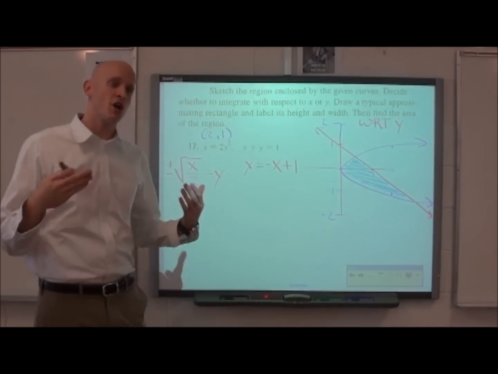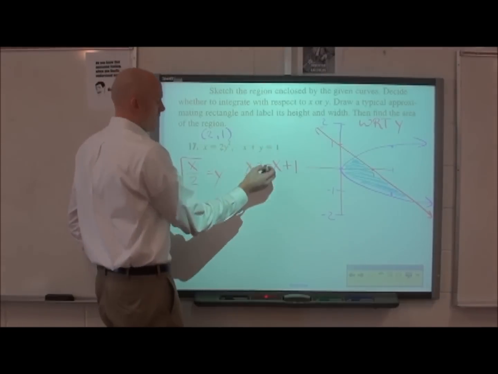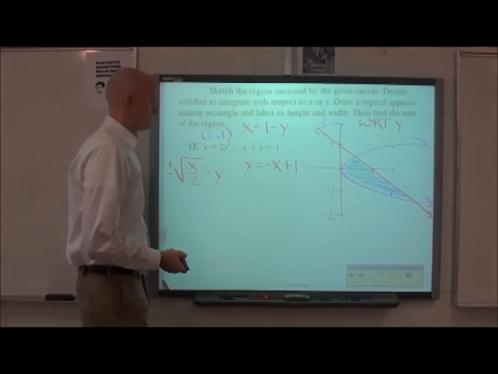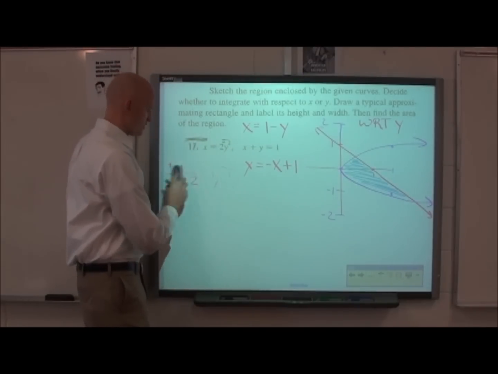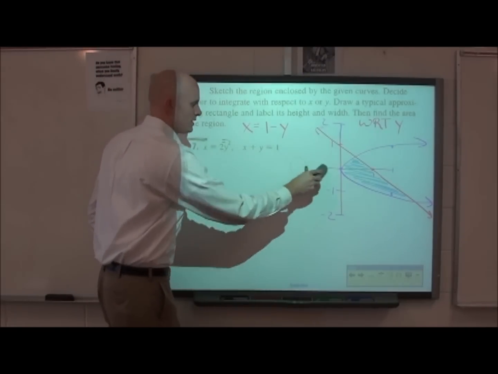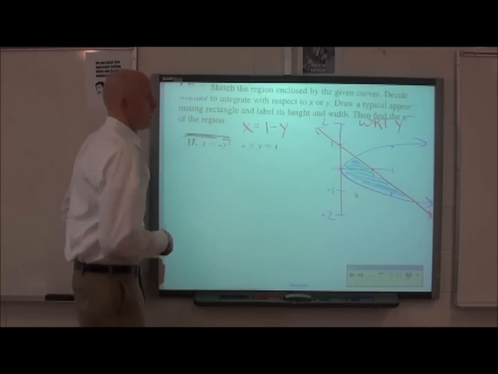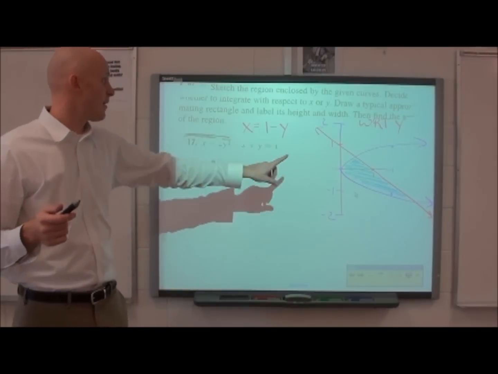So I want my curves in terms of y. So this would be x equals 1 minus y. And this one is already in terms of x, which is fantastic. Alright, so our two curves. We can easily find the area of this.